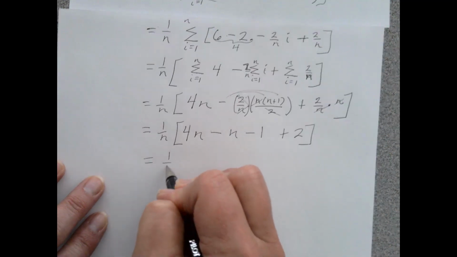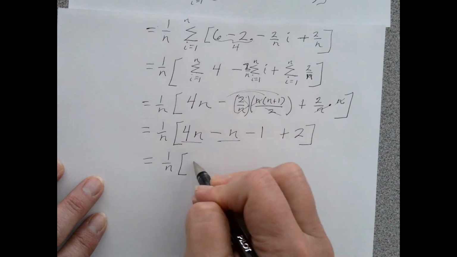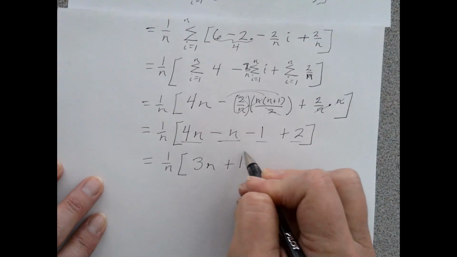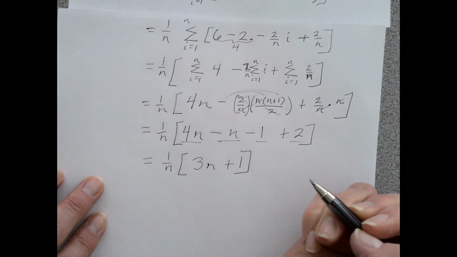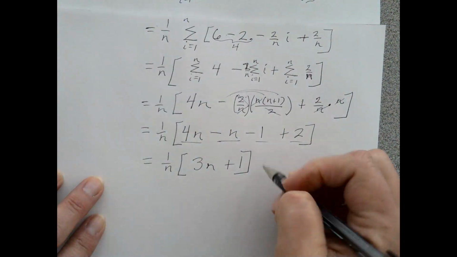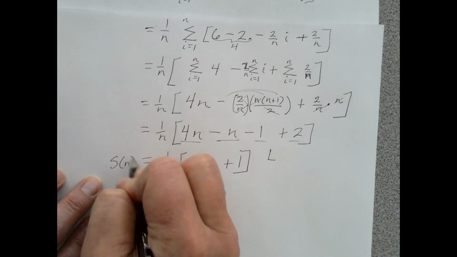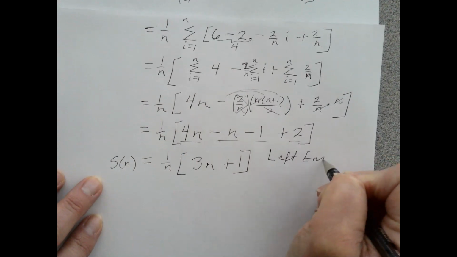So 1 over n times 4n minus n is 3n. And negative 1 plus 2 is plus 1. Any questions on that? Okay, so that is the left endpoint, or using left endpoints.